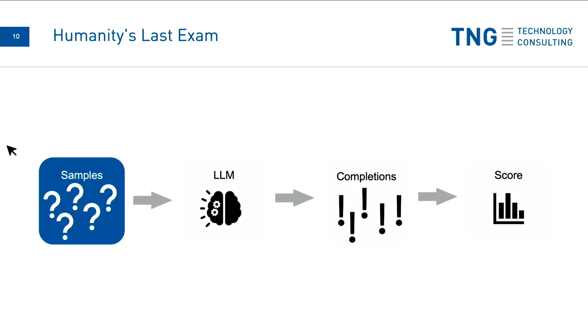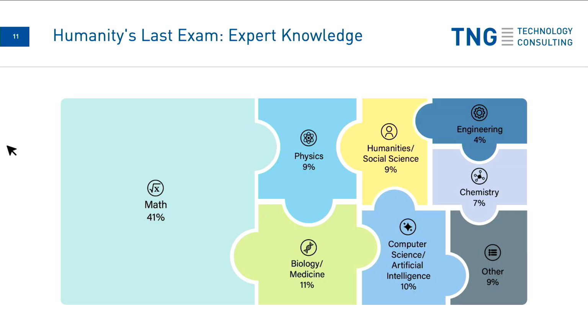For Humanity's Last Exam, this is actually expert knowledge from many different fields, so from math, from physics, from humanities, social science. The special thing about these questions and this data set is that it's a compilation of contributions from over 1,000 experts from those different fields.